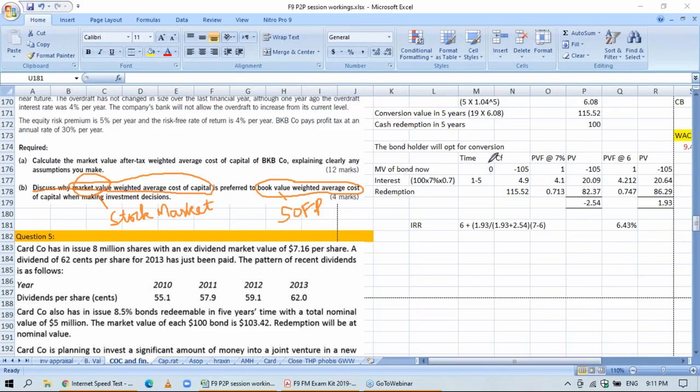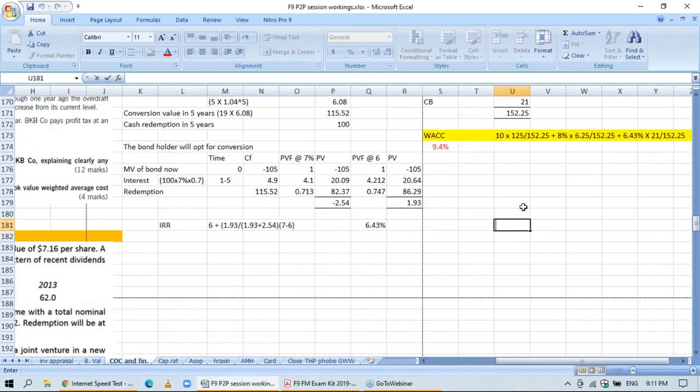Right? Now, let me explain the use of market value based weighted cost of capital.